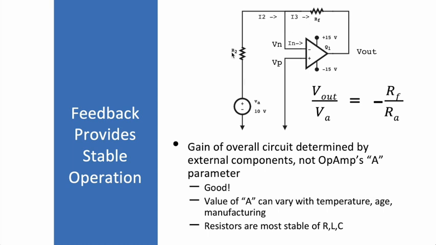Furthermore, note that we used resistors for these external components, and comparing those against resistors, inductors, and capacitors, resistors are the most stable over time. They don't change. So thanks to the feedback, and also thanks to our selection of resistors associated with the circuit, the feedback provides us very stable operation.